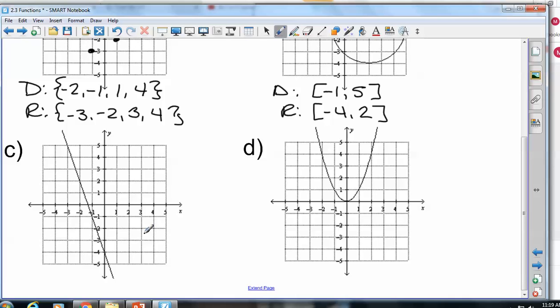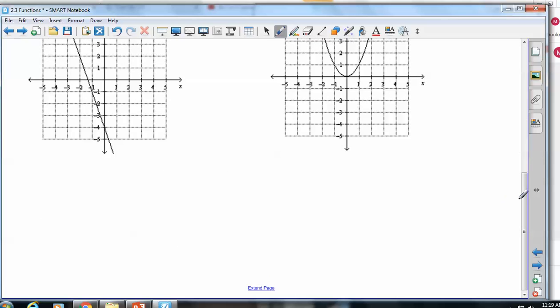Okay, this is solid, so we are talking about an interval. So we need our starting and stopping point. This one, it keeps going both directions. So do I have a smallest and a largest number? So how do I write that? It keeps going. Negative infinity to positive infinity.